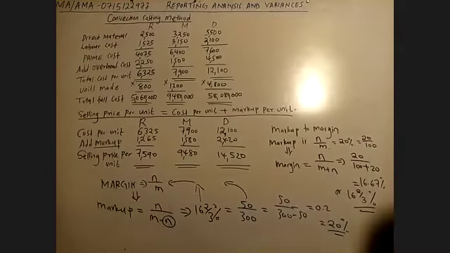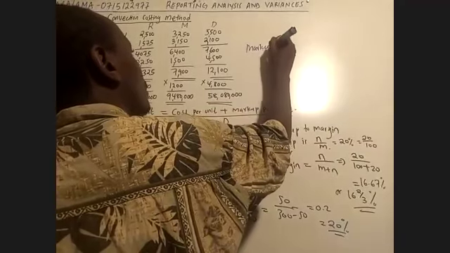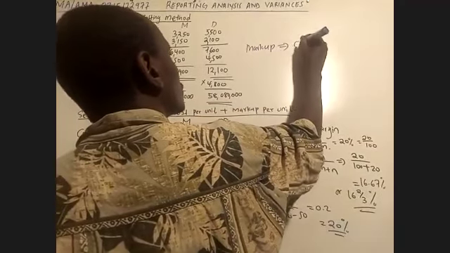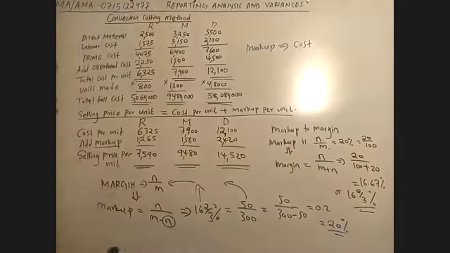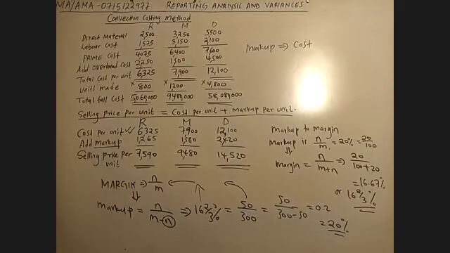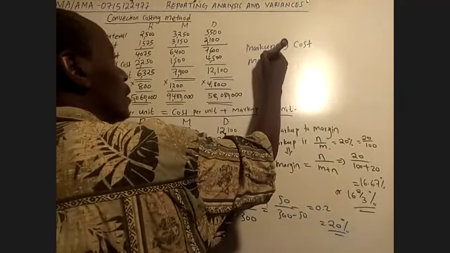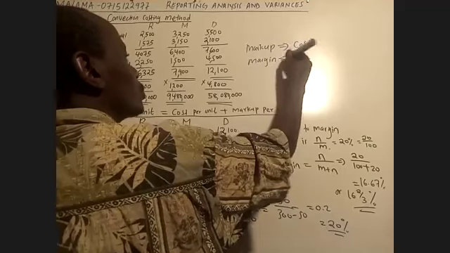Now what you need to remember is that markup goes with cost. So we had cost per unit. For us to get the selling price, you multiply the markup with the cost per unit. But margin goes with the sales.